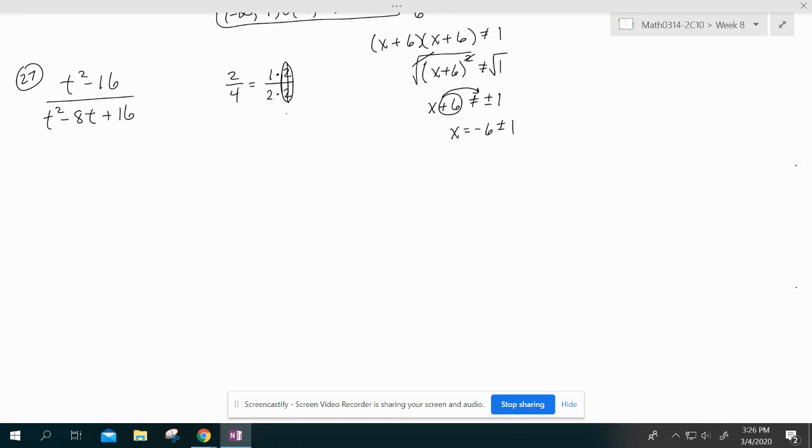So what was my first step? I wrote those as factors. So we're going to have to factor these first. Now, does anybody recognize what the top is? Difference of two squares, and you're going to need to know how that factors.